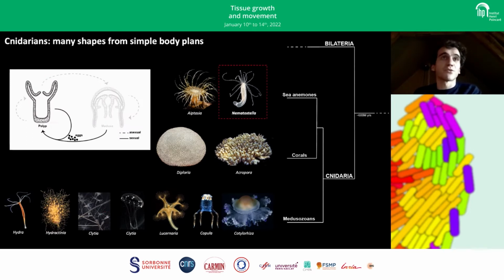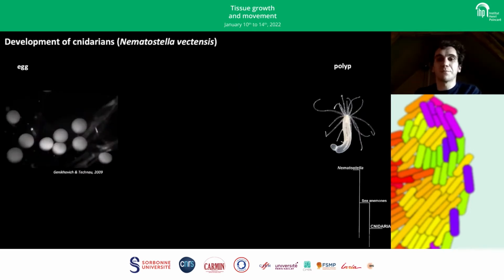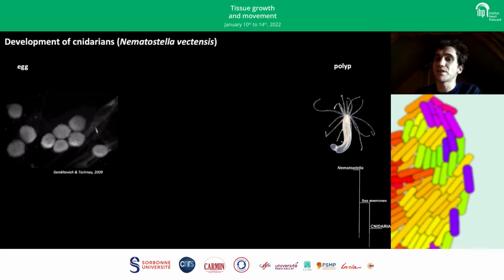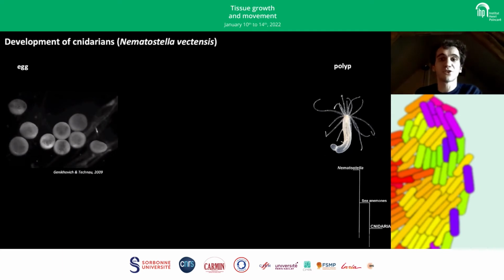So how do we transition from an egg to a polyp? I will emphasize this in the species I work with every day. Nematostella is the species we have in the lab of ASAMICME. When the eggs are fertilized, they undergo cell divisions and diverse early developmental processes during which they keep mostly a spherical form.